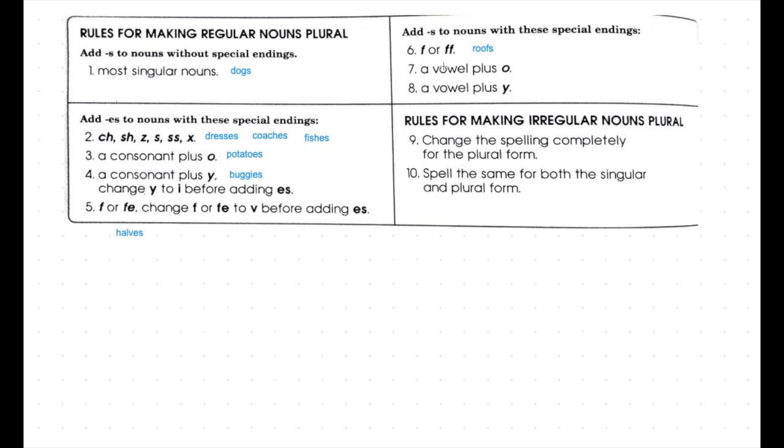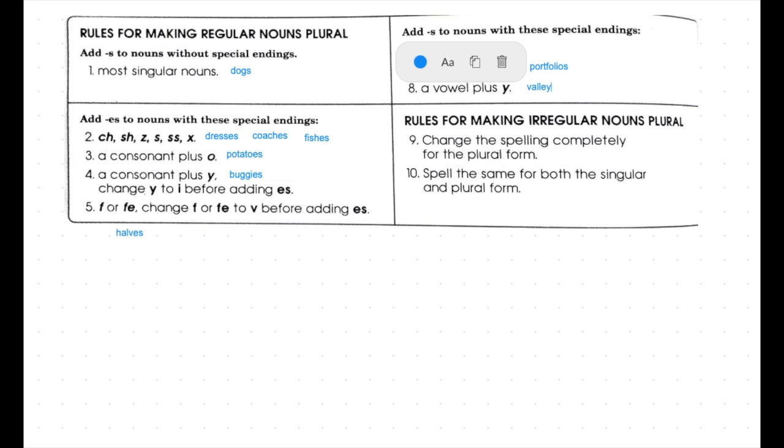Number 7, a vowel plus O. So if we have a word like portfolio, we have a vowel I plus O. So we're just going to add an S. A vowel plus Y, like valley.